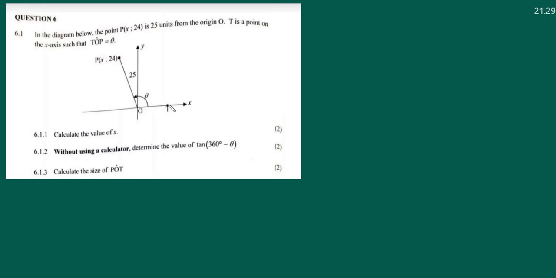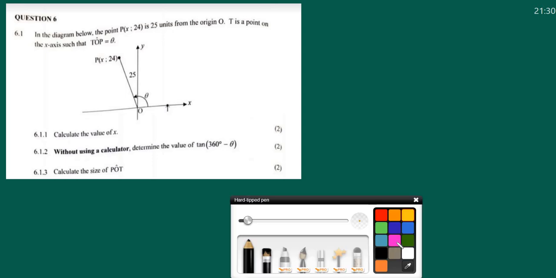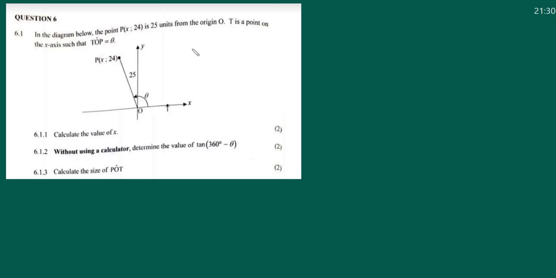The angle is always indicated from here to where you drew the diagram. I hope you are able to see that. Now if they drew it for you like this, you should rejoice. You should say x, I don't know it, but I know that y is 24, and then I know that r is 25.